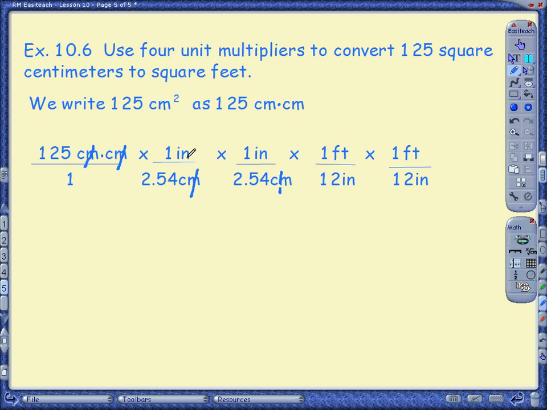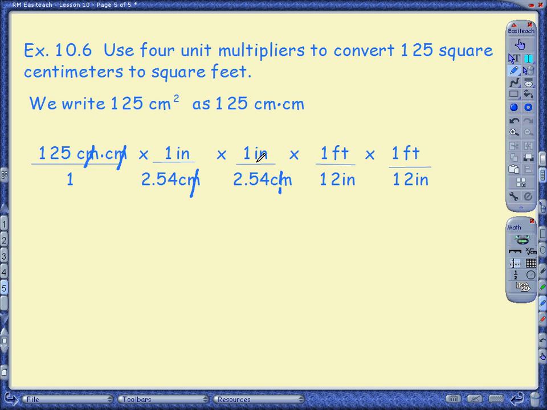This is the unit multiplier that goes with centimeters and takes it from the metric measurement into the British measurement. We want feet, which is a British measurement, and this is like our bridge to get into that British measurement. 1 inch is 2.54 centimeters.